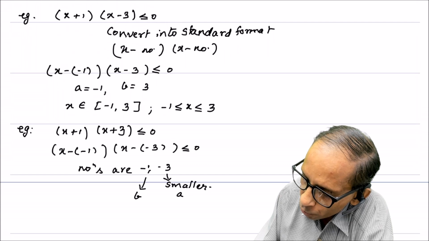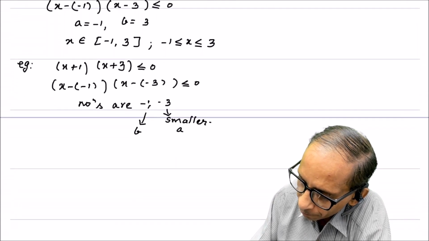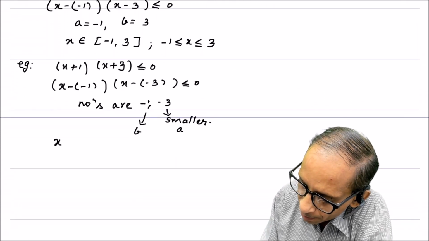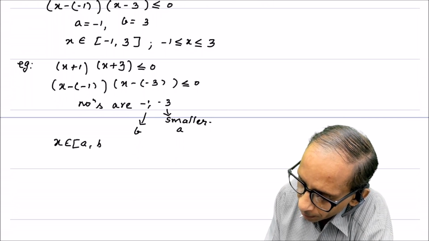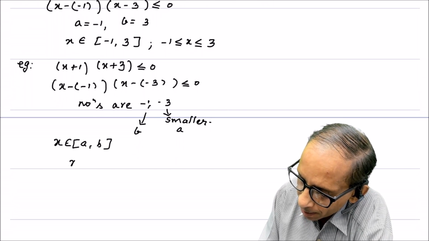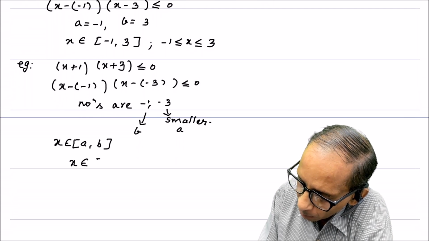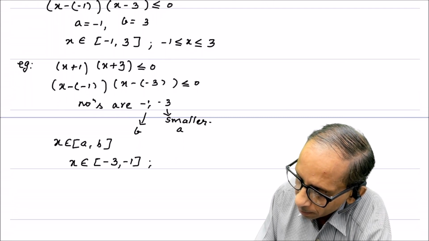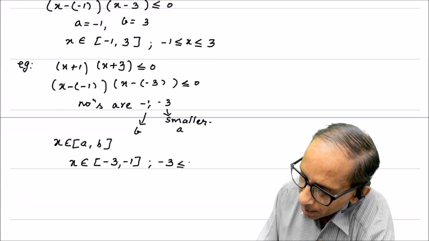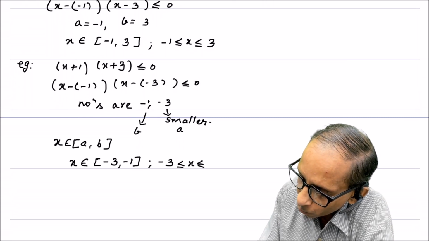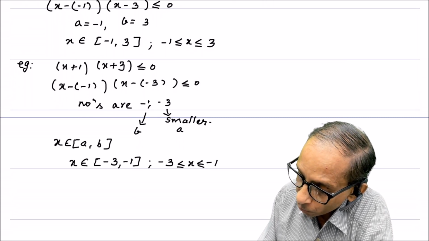So the solution actually turns out to be x belongs to the closed interval a to b, that is x belongs to the closed interval minus 3 to minus 1. We may also write it as minus 3 less than or equal to x less than or equal to minus 1.